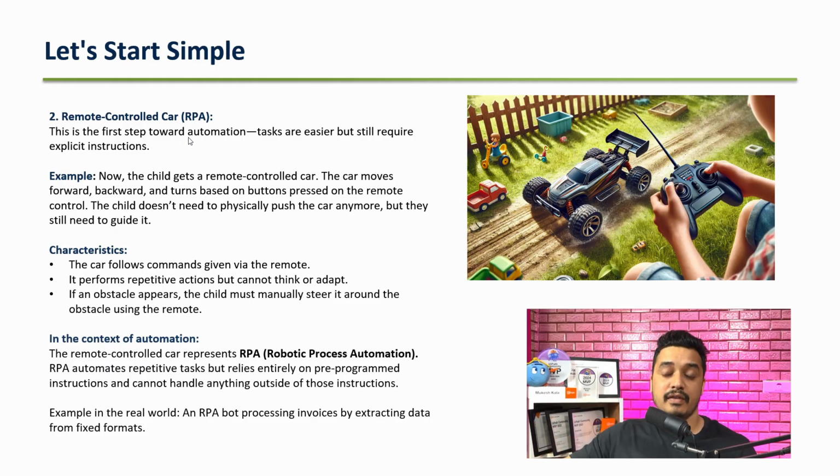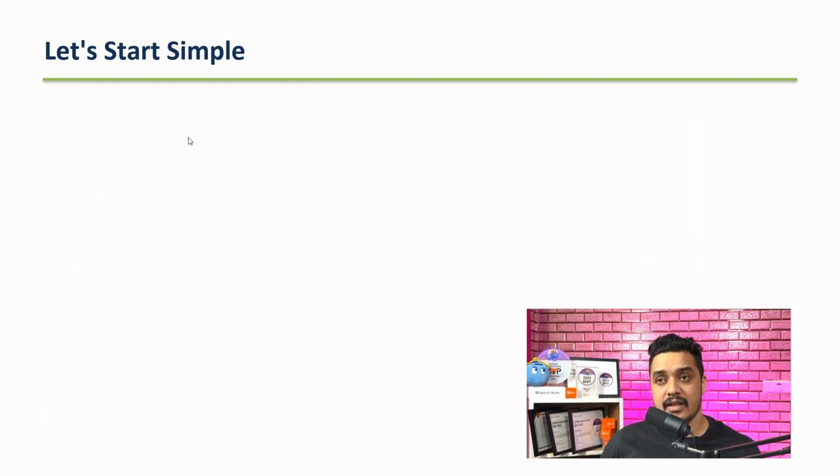At any point of time, if there are new changes or any obstruction or any error, you again as a human have to go and solve that problem, right? So that was the second step, which was called RPA, and I hope you are able to relate with the car use case.